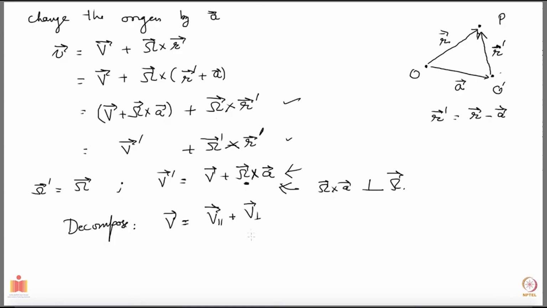Okay, so because of this, we can choose our origin, which is equivalent to saying we can choose our vector A such that V perpendicular is 0. And what does that mean then? It means that the velocity V would have the following form.